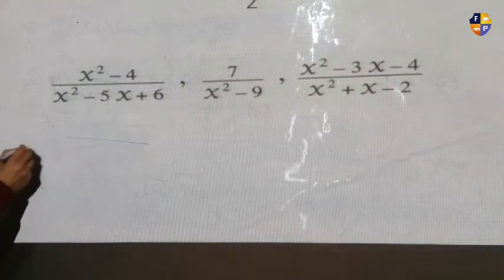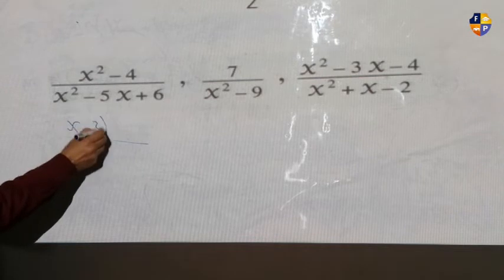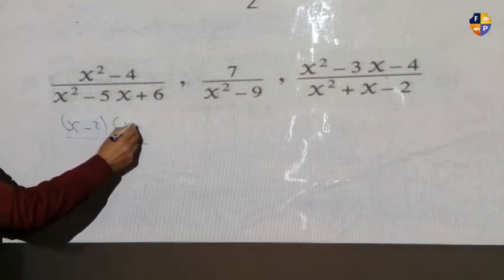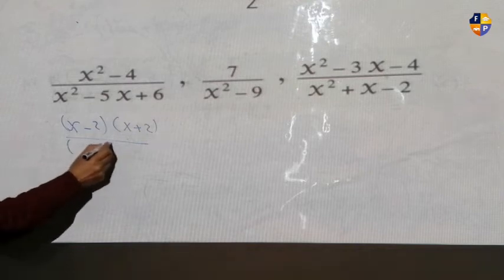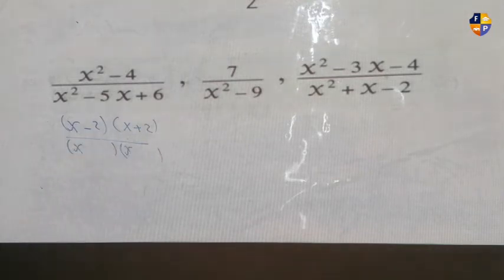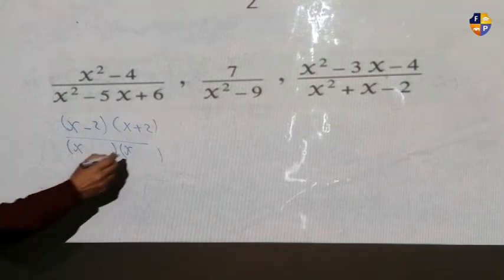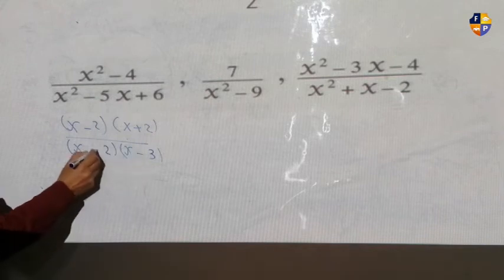Number 1, factorized by difference of squares, x minus 2, x plus 2. Okay, and the denominators, 2 brackets: x, two numbers with product 6 and sum 5, 3, 2, and the sign like the middle.